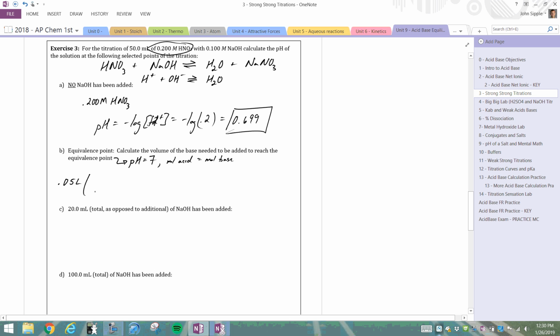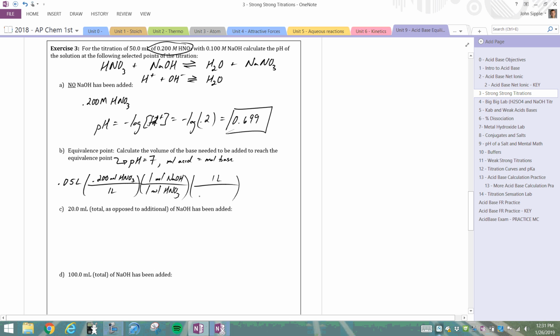So we have 0.05 liters. We know there are 0.200 moles of HNO3 per 1 liter. So we're using the molarity to get into moles. Then we do the mole ratio: 1 mole of HNO3 will react with 1 mole of sodium hydroxide. Now that we're out of moles, we use the molarity to find out how many liters of base are added.